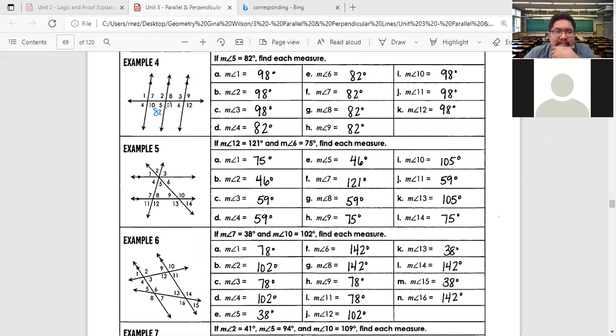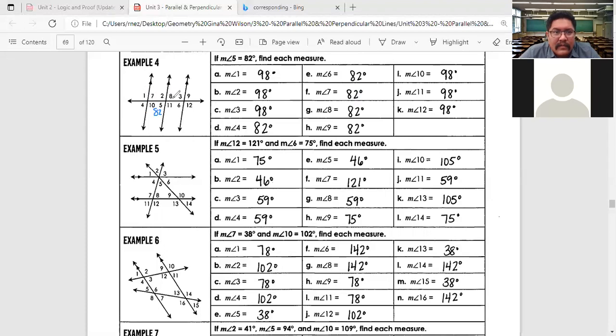So we got 6, and that would be 82. You can pretty much just go with the small angle. So 6 is a small angle, that would be 82. 7, the next one here, is also 82 because it's the smaller angle. And pretty much all of these are only going to be either 82 or 98.